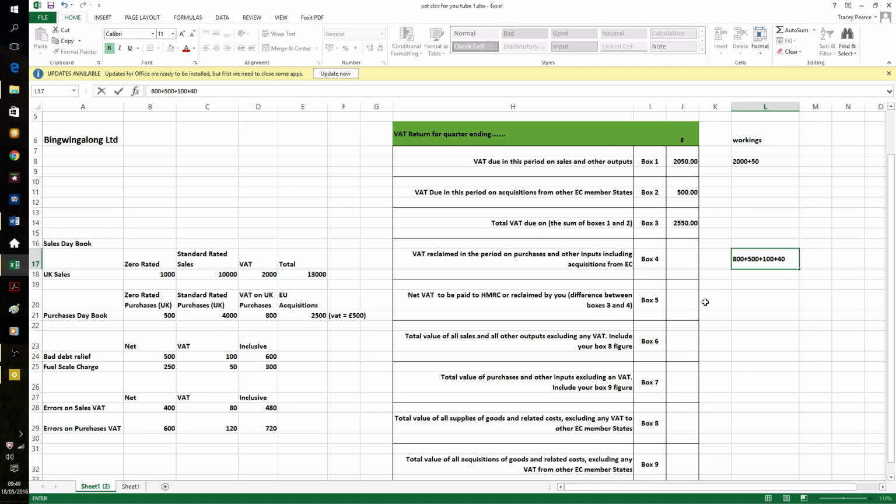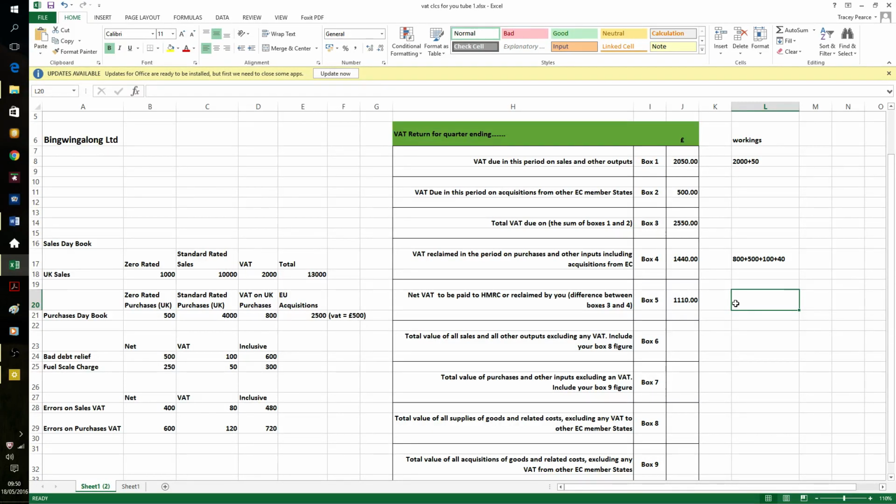So we're claiming that back. That lot adds up to 1440. On a real VAT return, box 5 is electronically calculated for you to minimise the errors. It comes to 1110.